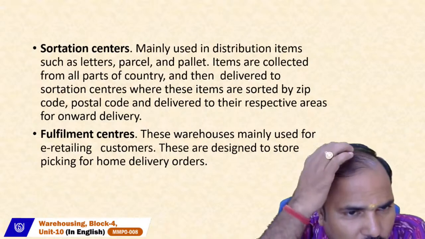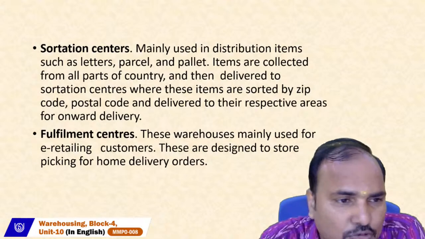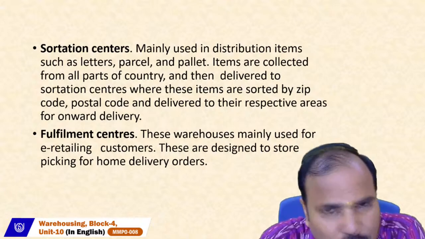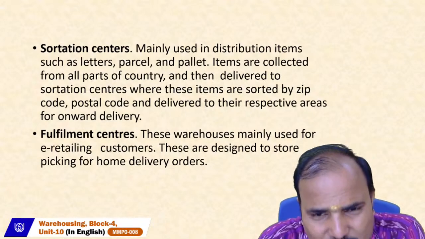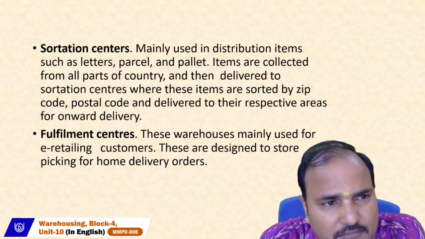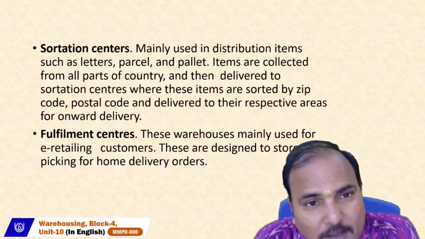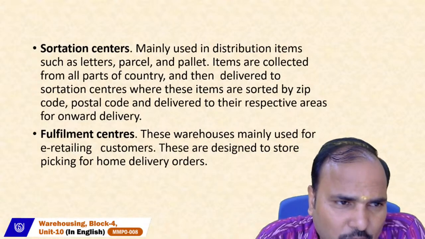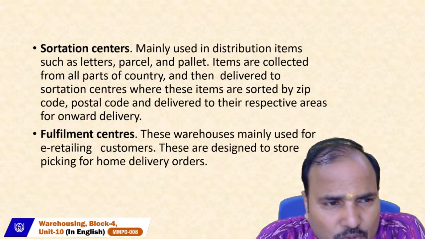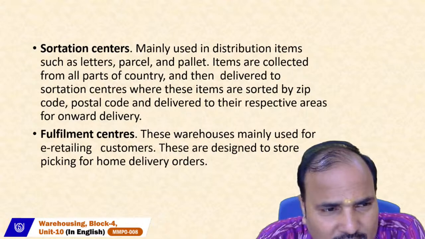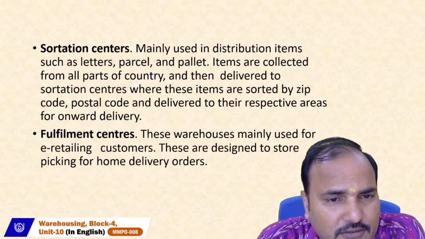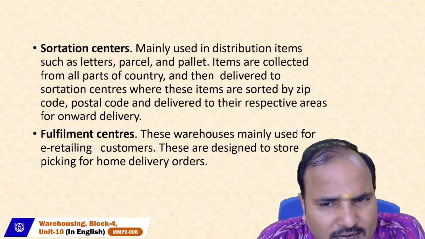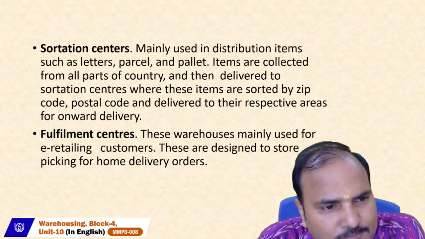Items are collected from all parts of the country and then delivered to the sortation centers, where these items are sorted by zip code or postal code and delivered to their respective areas for onward delivery.